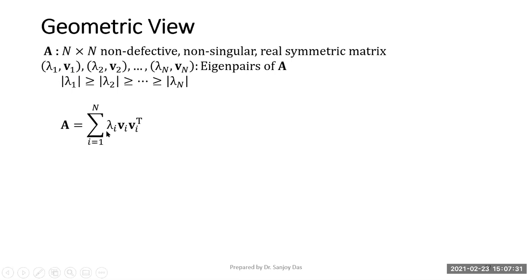And we know that A equals summation lambda i vi vi transpose. We saw that before. The vi's are linearly independent and orthonormal, right? Linearly independent because the matrix is non-defective, and orthonormal because it's a symmetric matrix.